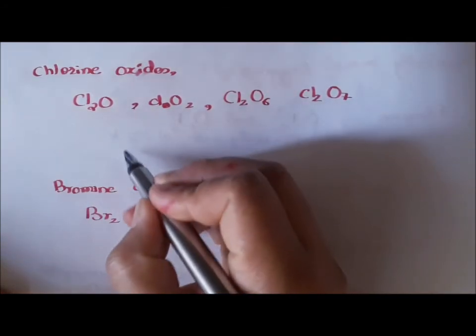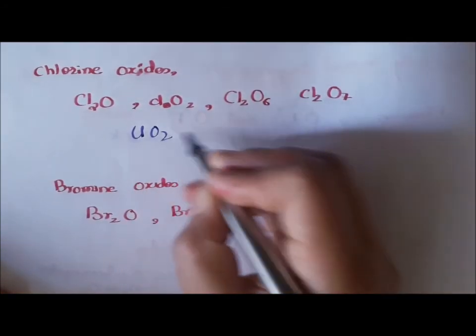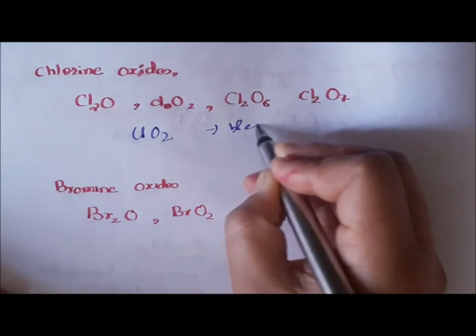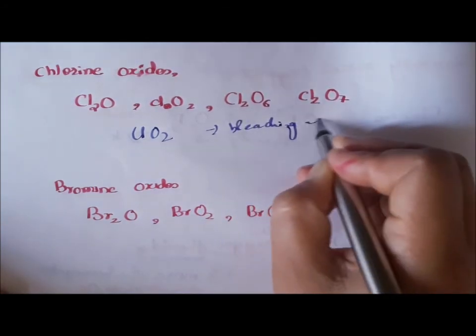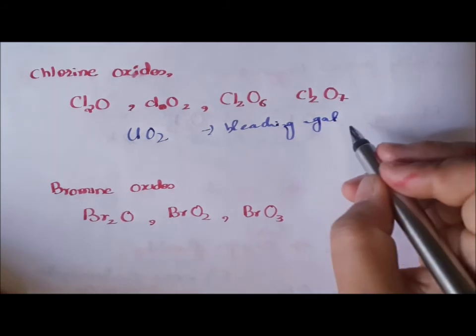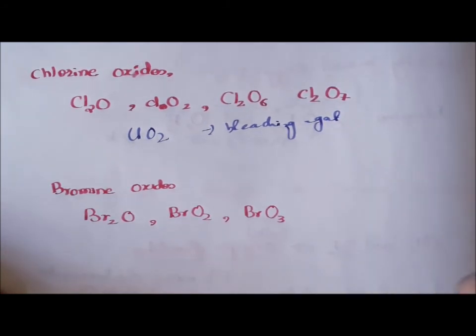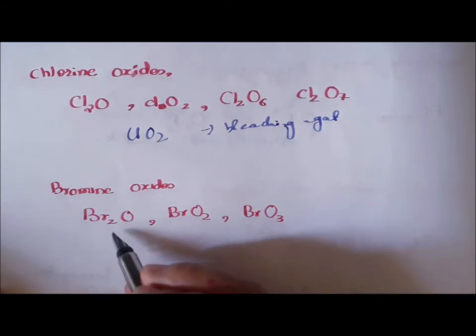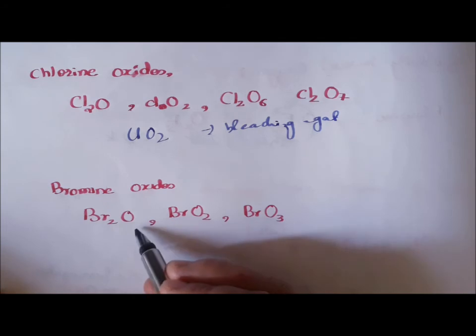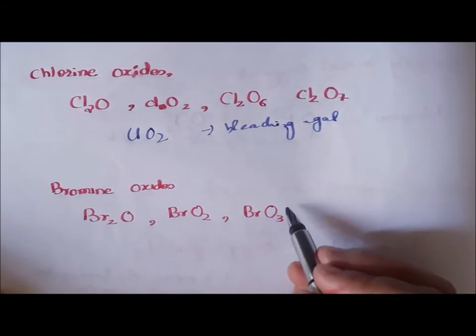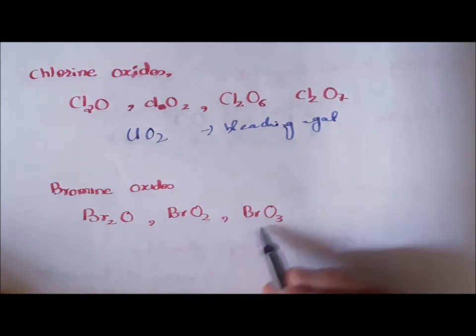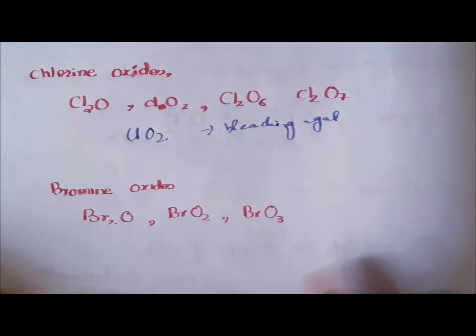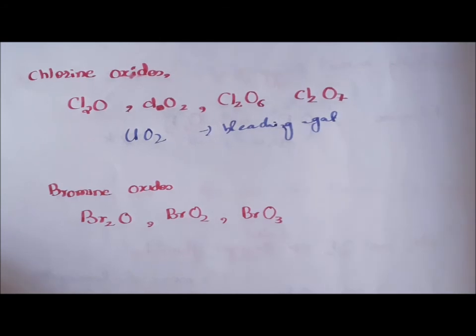And here ClO2 is used as a bleaching agent, to bleach paper, pulp, textile, and also used in water treatment. Next, bromine oxides of formula Br2O, dibromine monoxide, bromine dioxide, bromine trioxide. These are least stable, they exist at low temperature and are very powerful oxidizing agents.